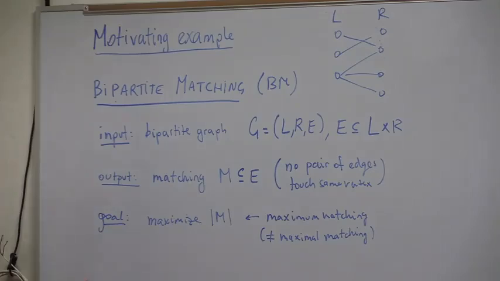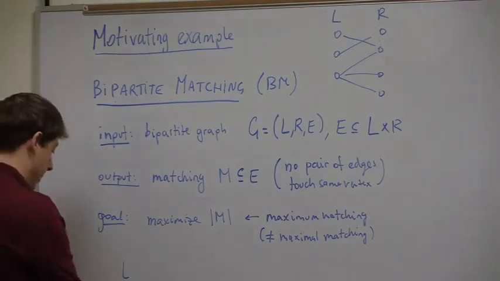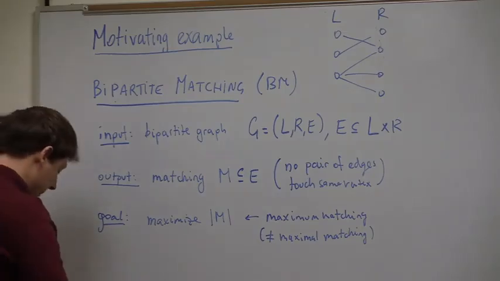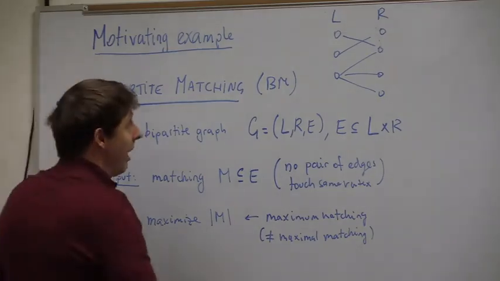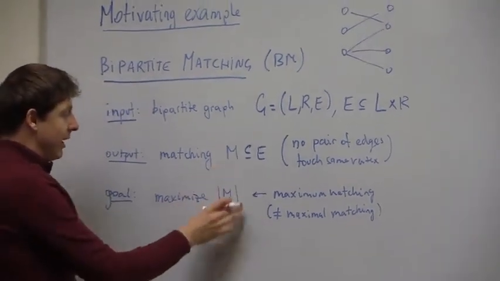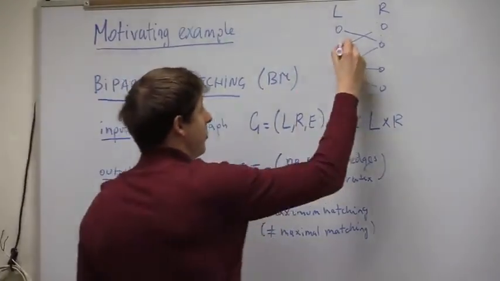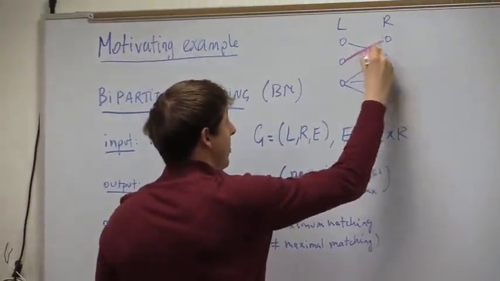Or maybe you're trying to match up people in some way. So maybe in the example up there, you want to find a matching. By the way, a matching without making it big is very easy. The empty set is obviously a matching. I could just put in, say, this edge. That would also be a matching.